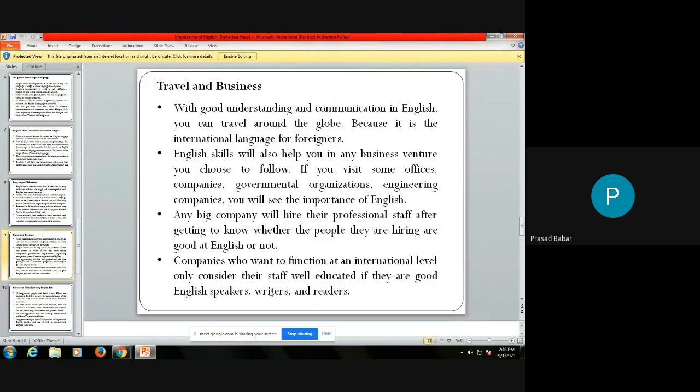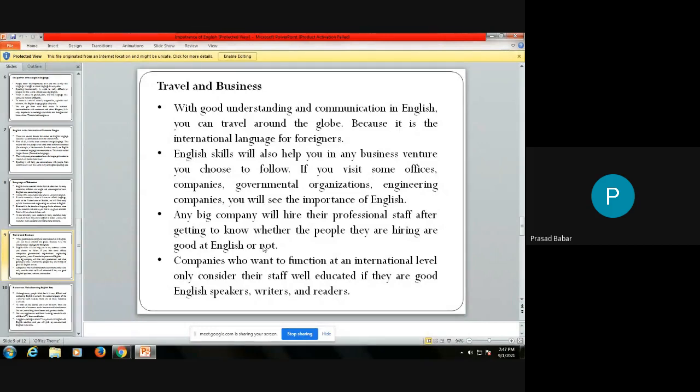So the companies like TCS or Wipro or Cognizant or other international MNCs, multinational companies, if they want to function at an international level, they will only hire their staff if they are well educated and good English speakers.